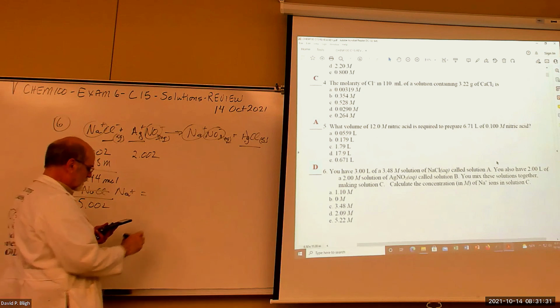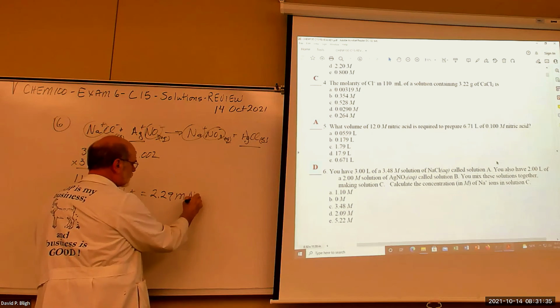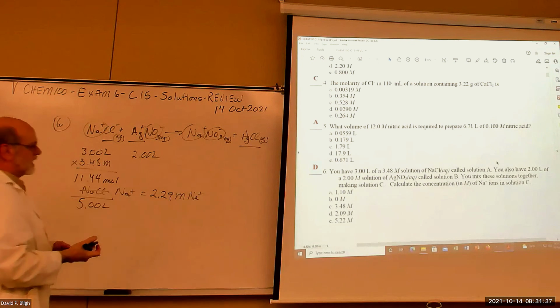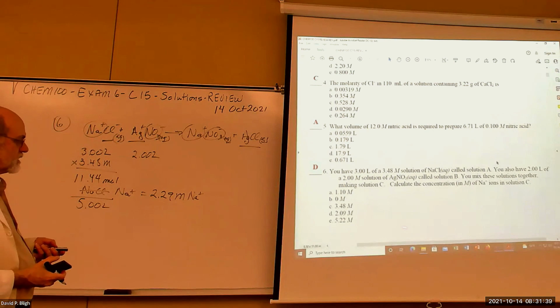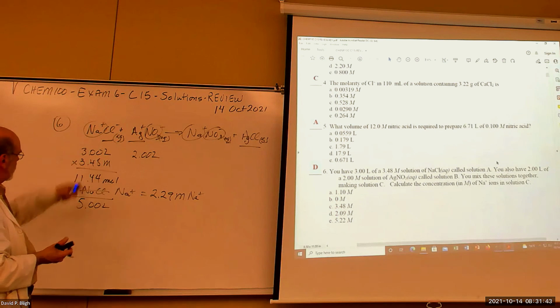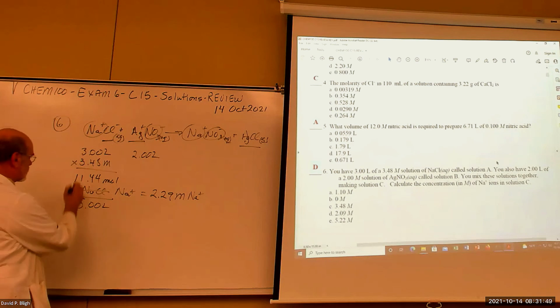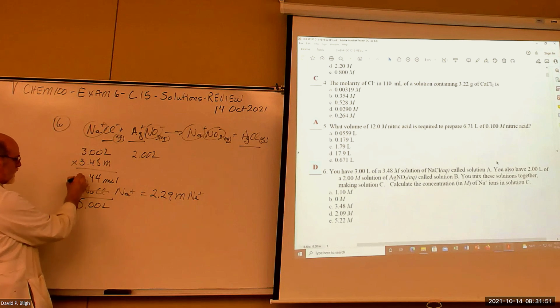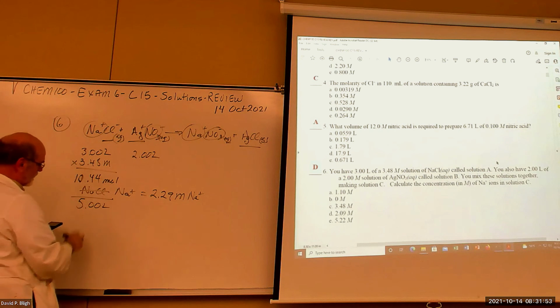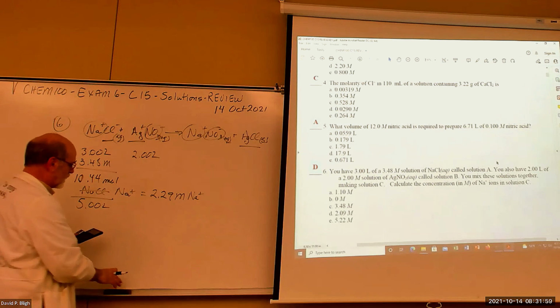And I get 2.29 molar sodium ions. Let's see, did I do my calculations correctly? Maybe not. Let me check my math now. 3.48 times 3 is 10.44. See, that's what I get for doing it in my head. 10.44 divided by 5 is 2.09.